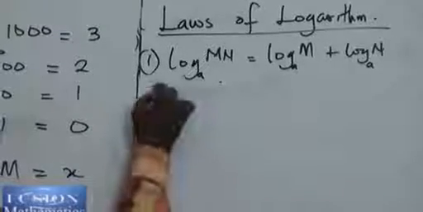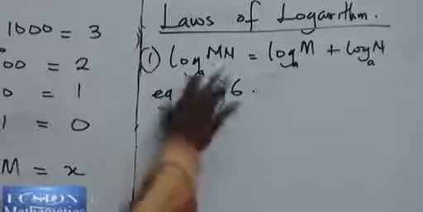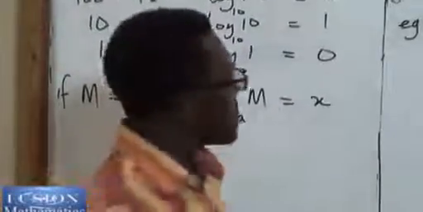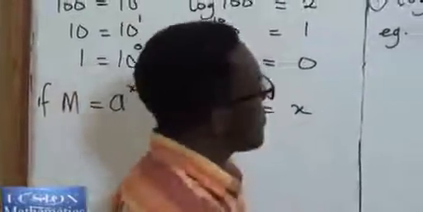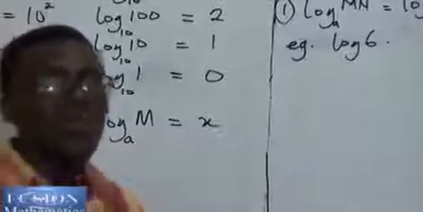For example, we have log 6. Let me establish something I didn't say earlier. Whenever we have a log, for instance log 6 here, this log 6 has a base of base 10. Base 10 is not necessarily written, but other bases are written.